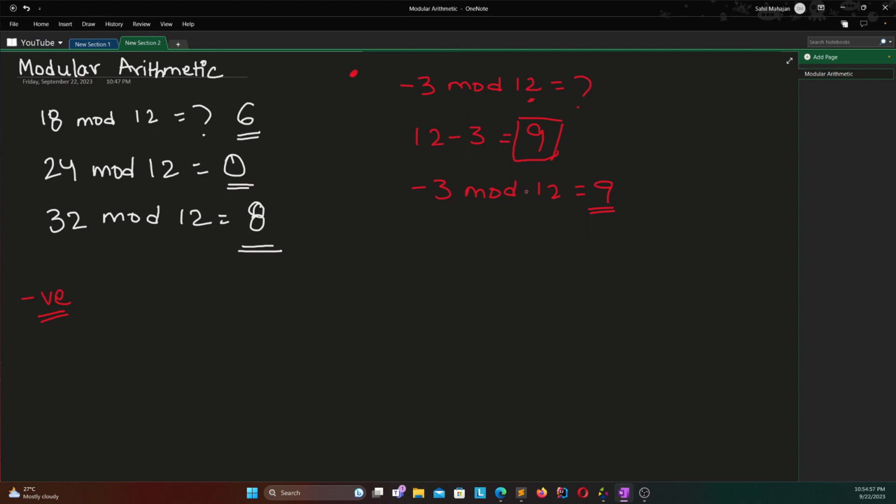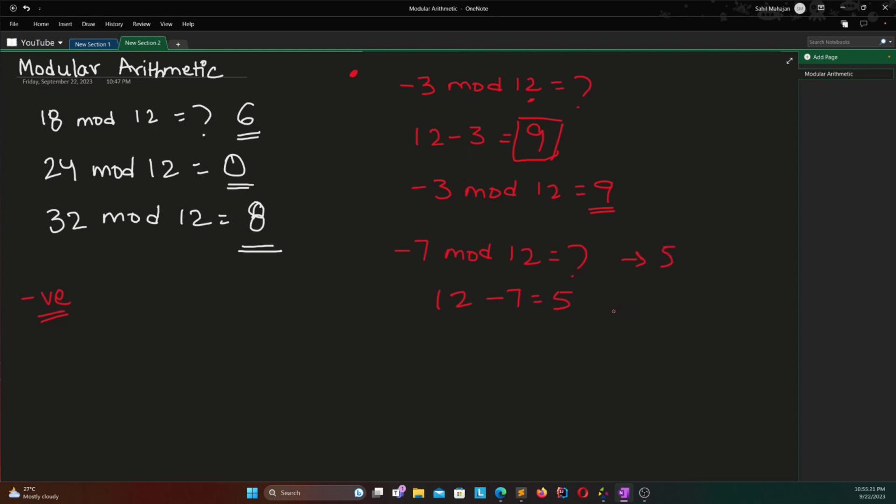Pretty simple, right? Another example: minus 7 mod 12. If you apply the logic I've given above, you get 12 minus 7, which equals 5. Hence, the answer here is 5.